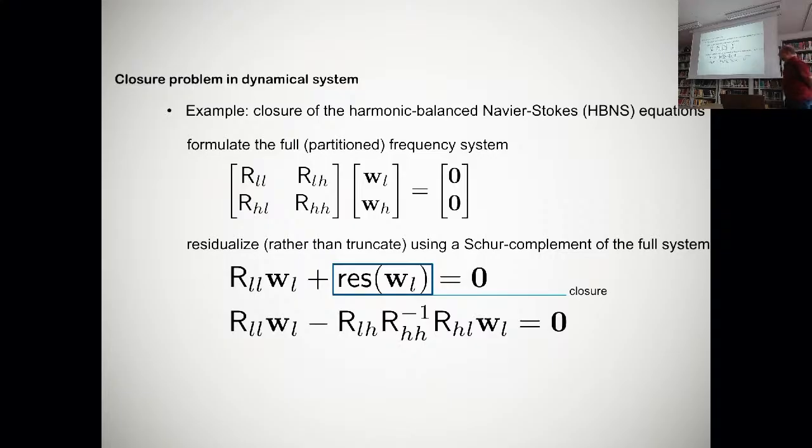And we know how to do that. We want to have an equation for low to low, only the ones we keep. But we don't truncate here. We residualize everything else. This is the residualization: low to high, high to high, and high back to low. This is the kernel we're going to learn. We don't write it out explicitly. This is the kernel we learn.